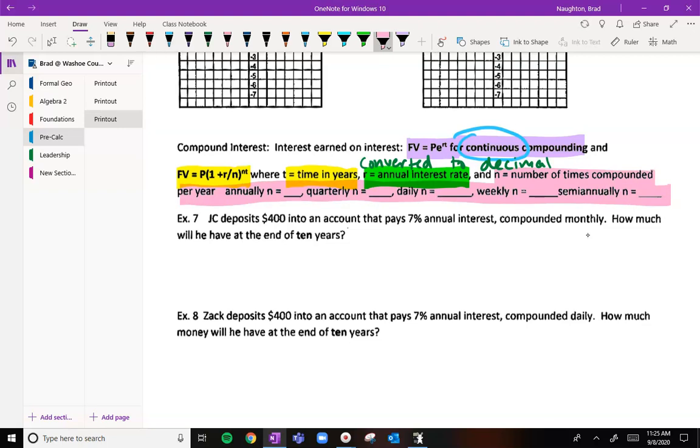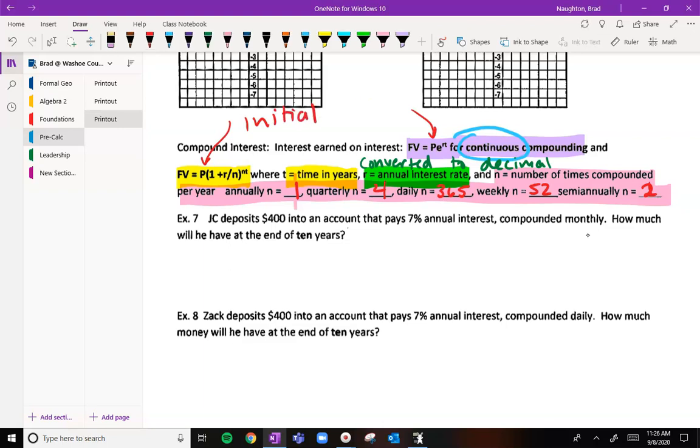So if it's compounded annually, your n will be 1, quarterly is 4, daily 365, weekly would be 52, and then semi-annually is 2. Goodness gracious. Now there's also monthly, which is 12, so on and so forth. Okay? So this P in both spots, though, is going to be your initial amount.